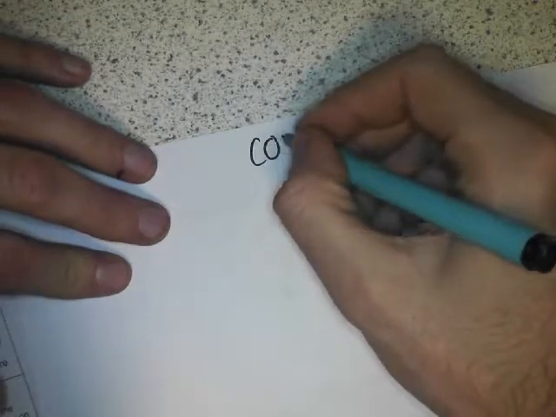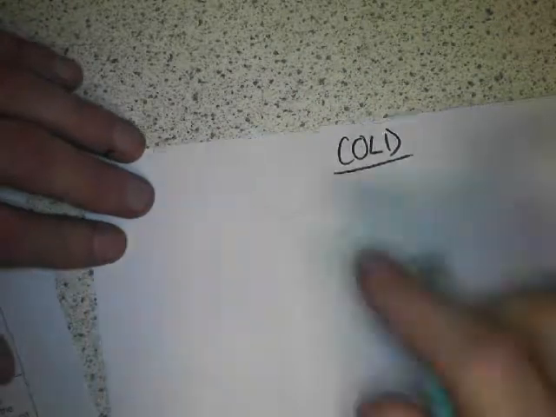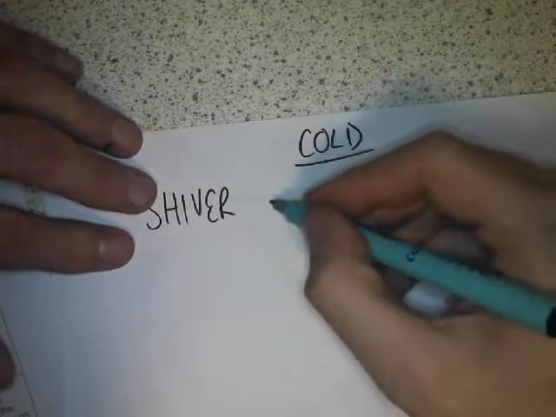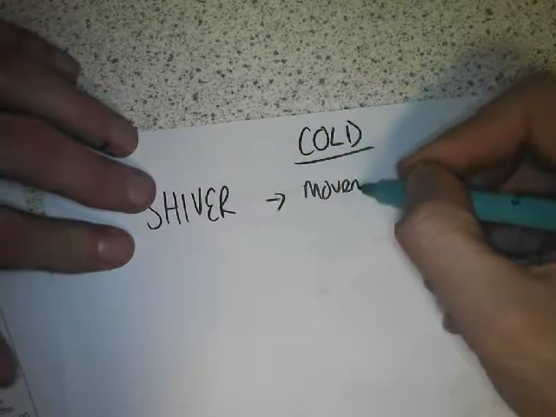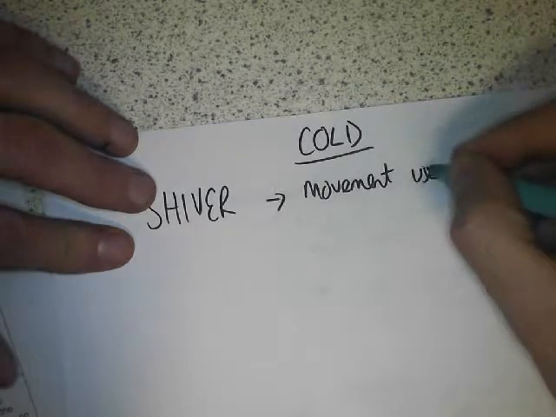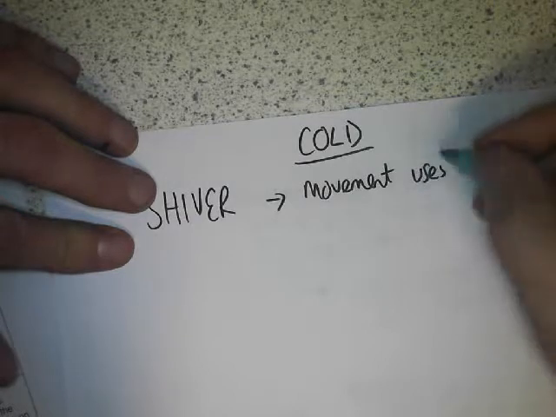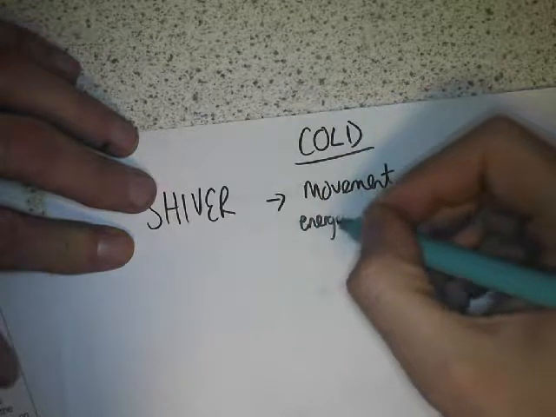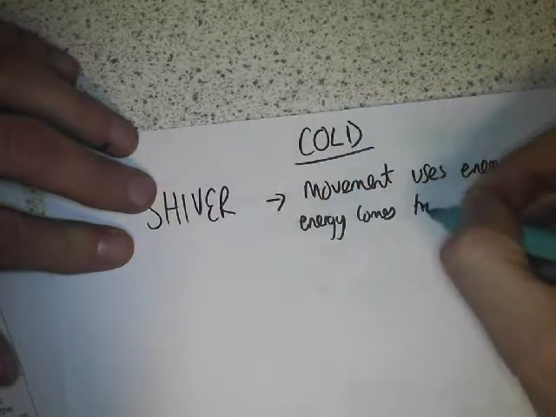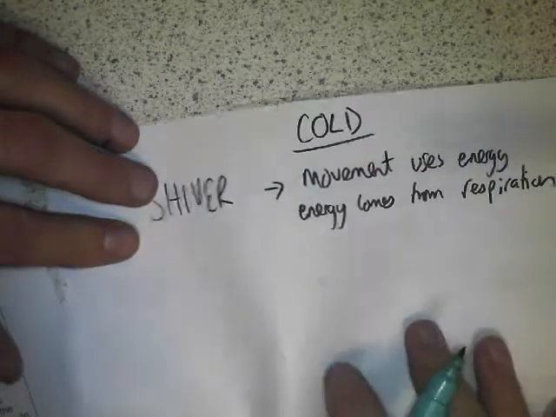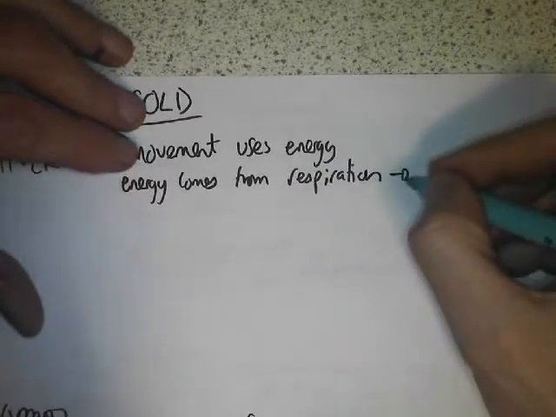That is hot. When we're cold then, we don't sweat of course, what we do is shiver. Why do we shiver? Well, we shiver because movement uses energy, and the energy comes from respiration, and when we respire this produces heat.